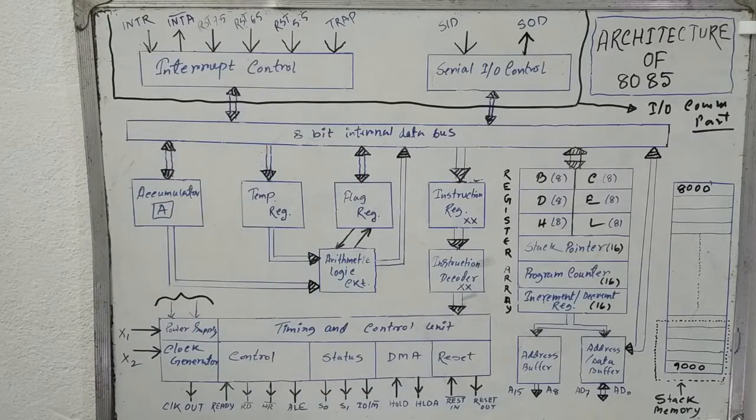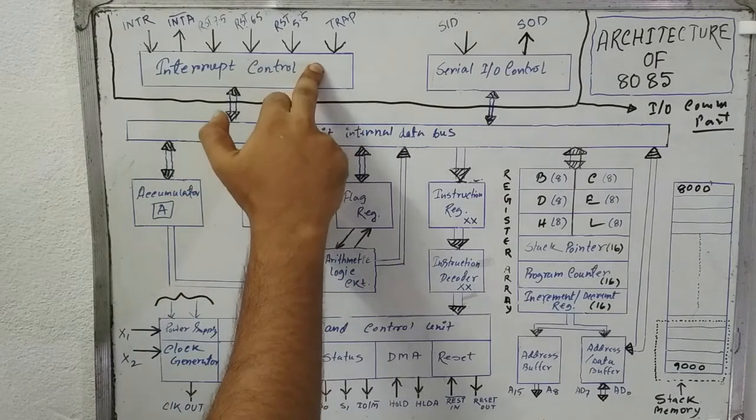So let me give the answer. When an external input output device or peripheral device is ready to transfer data to the microprocessor, first it will send a message to the interrupt control block.